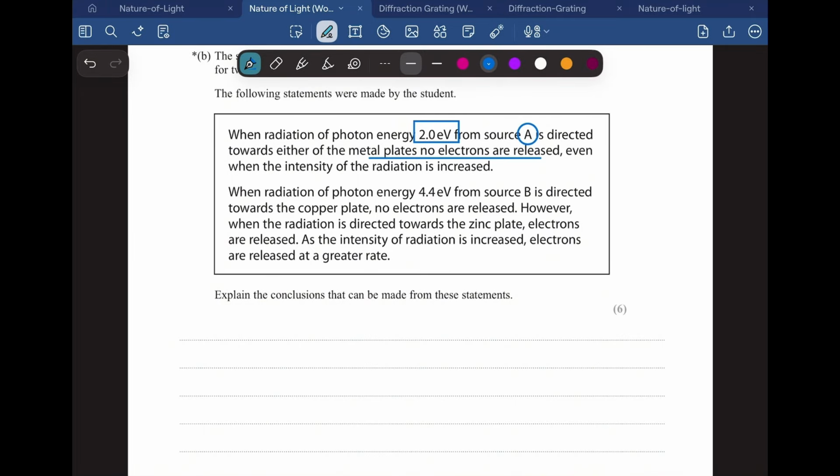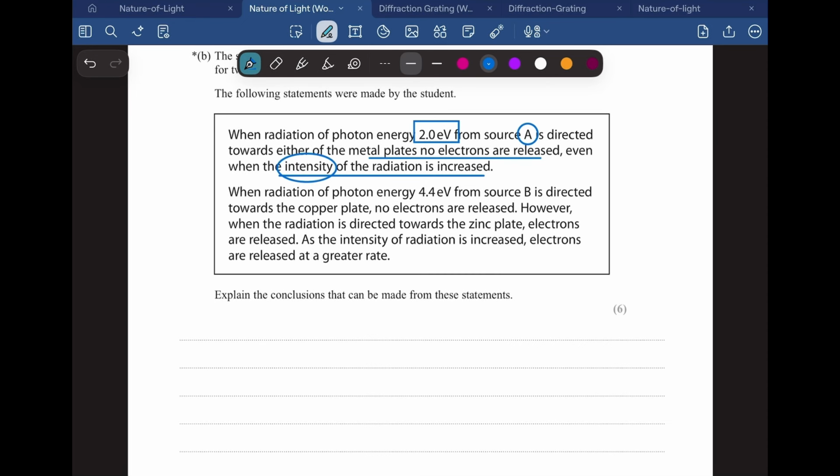Now in the next part, what does it say? Even when the intensity of radiation is increased. What does the increase in the intensity mean? If you increase the intensity, the number of photons incident basically increases.